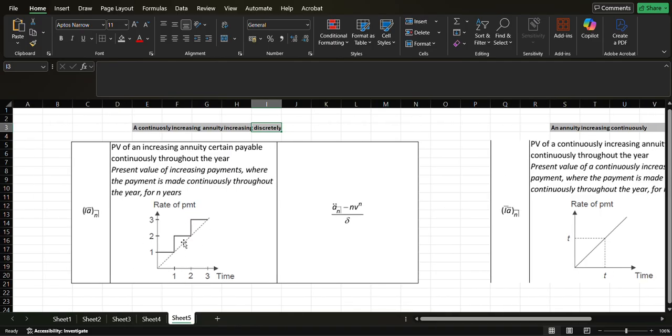We can model this in Excel because we can use the formula for an annuity payable continuously in a year. So this continuous payment stream is just equivalent to A bar one, an annuity payable continuously in 1 year.